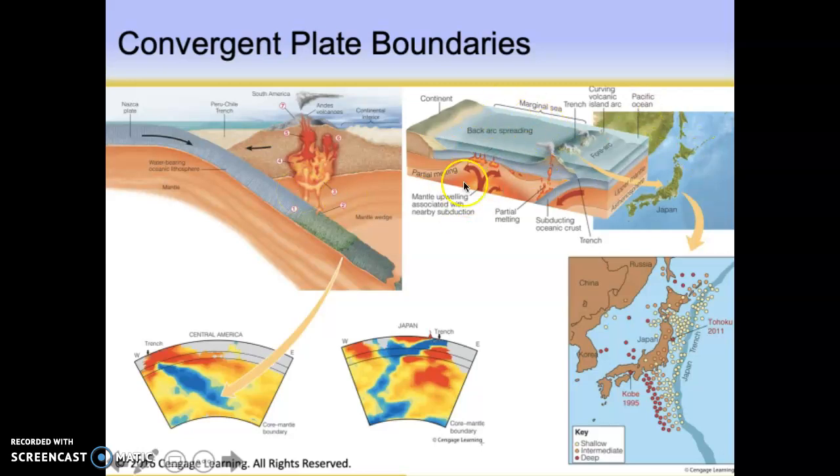Something else that sometimes happens is that if this subducting plate starts to sink down into the mantle, because of its mass, it will actually tug the front of the subduction zone. And the overriding plate, when it gets tugged, can tear open in the back, and that's where we get this back arc spreading.